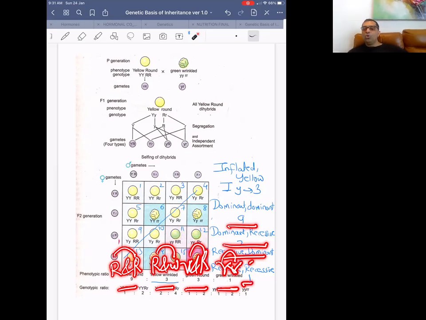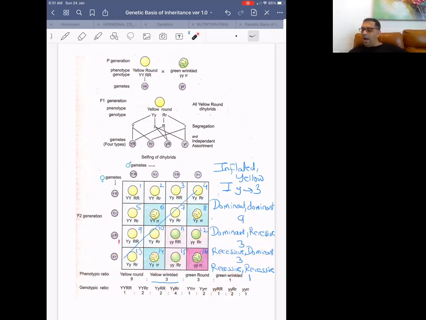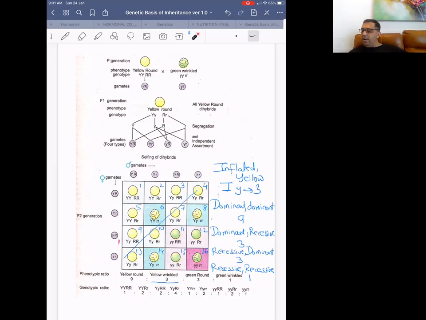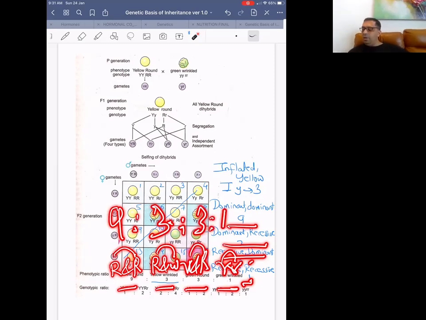So now, how many reds are there? 9 are round and red. How many red and wrinkled you got? 3. How many white and round you got? 3. And how many white and wrinkled you got? 1.